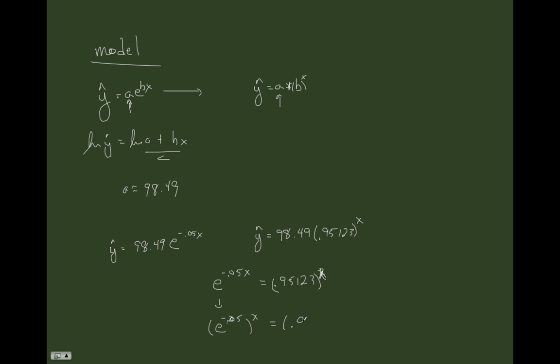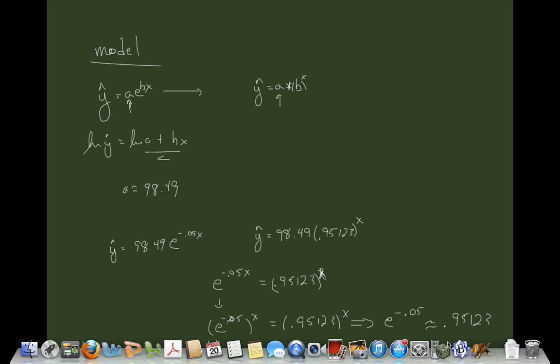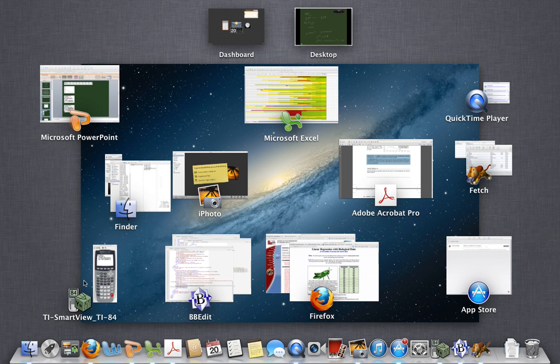Now what I hope everybody's seeing is that the actual bases we're talking about that are comparable are e to the negative 0.05 and 0.95123. So this implies that e to the negative 0.05 is approximately equal to 0.95123.